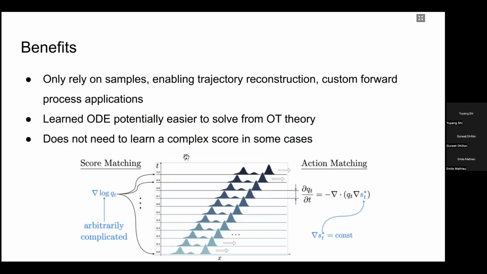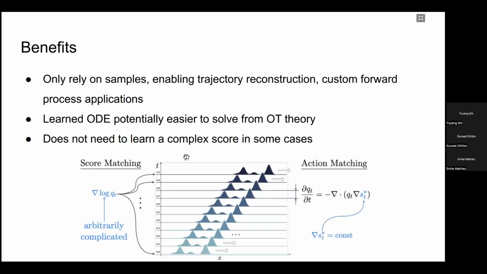Because of the theory I've covered, and also maybe because the vector field has some nice properties. The third thing is that in some cases, you won't need to learn a complex score. This is a plot that the authors provided.